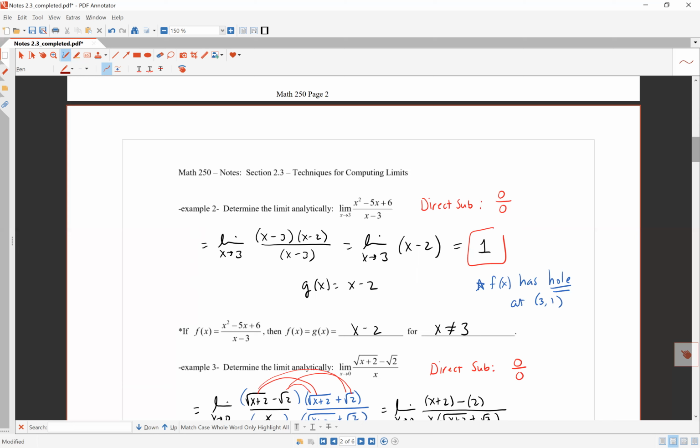So it's just 1. Even though the function x squared minus 5x plus 6 divided by the quantity x minus 3 is not defined at x equal to 3, because you're dividing by 0, its limit is still 1. If you graphed it, as x goes to 3, the y coordinate goes very, very close to 1. You might try graphing that on your graphing calculator.